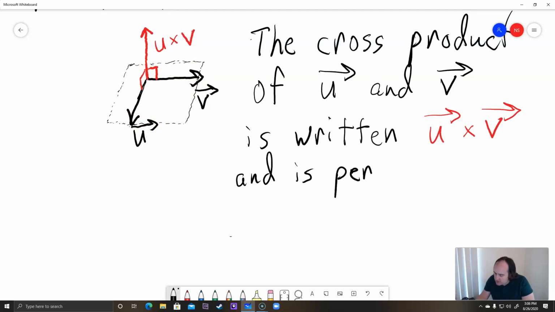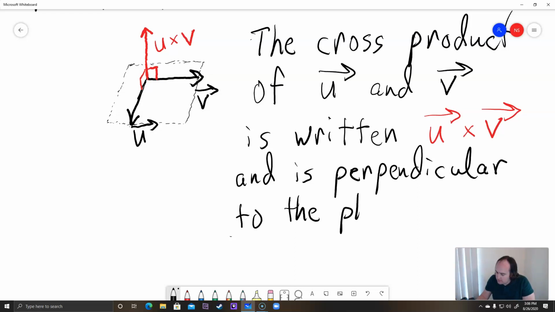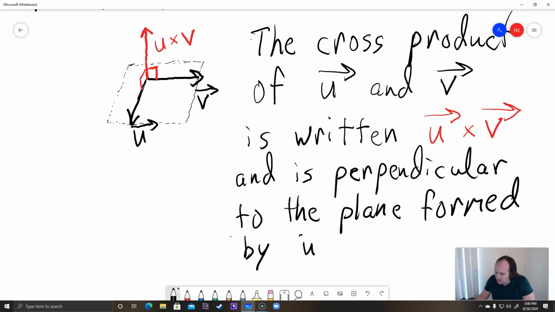And remember, perpendicular means it's at a right angle to that plane. Okay, so 90-degree angle. So the cross product is perpendicular to the plane formed by u and v.